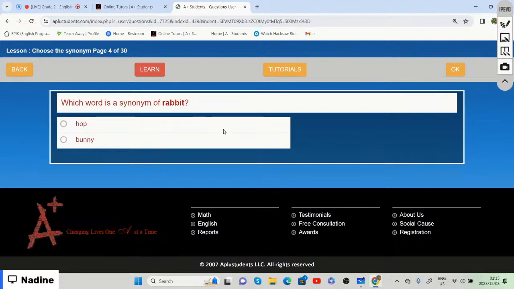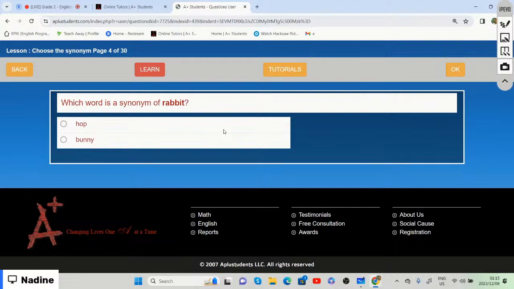Rabbit, right? What is a synonym of rabbit? Is rabbit also known as hop or is rabbit also known as a bunny?